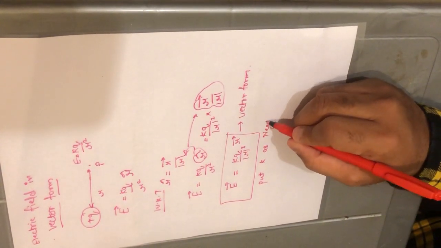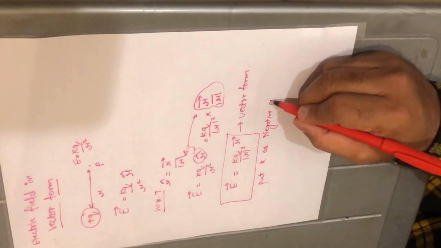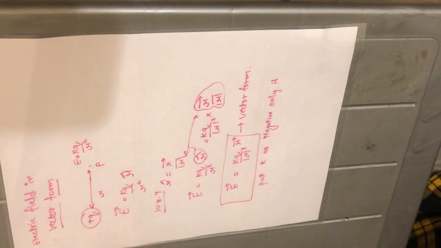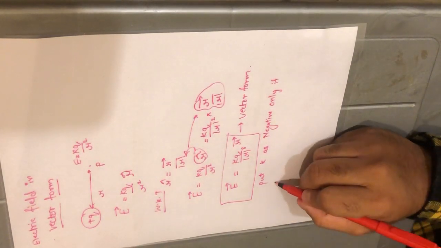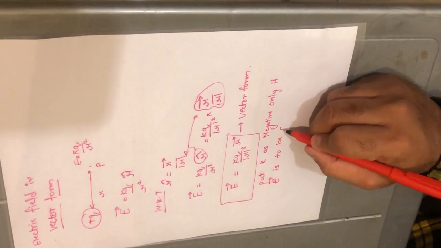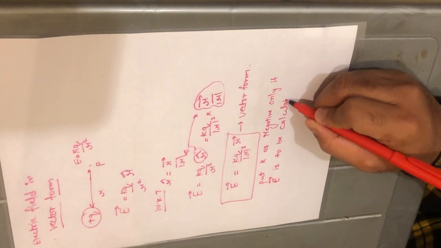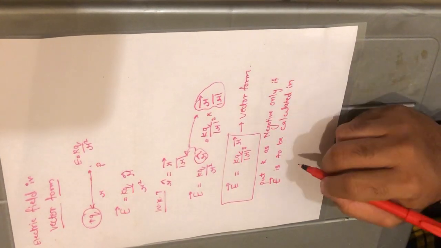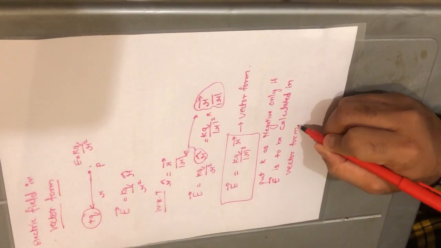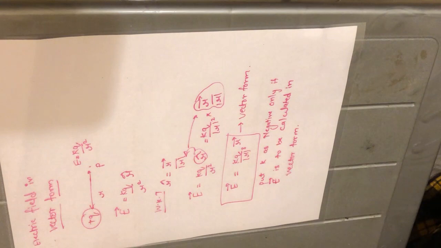Always put the value of k as positive, but when you work it out in the vector form, if the question is in vector form, put it as negative only if it has been asked in vector form, and you put k as negative only when there is a negative charge taken as a source charge. So basically, even if you are in Cartesian format, whether it is positive or negative, take the value of k as positive only.